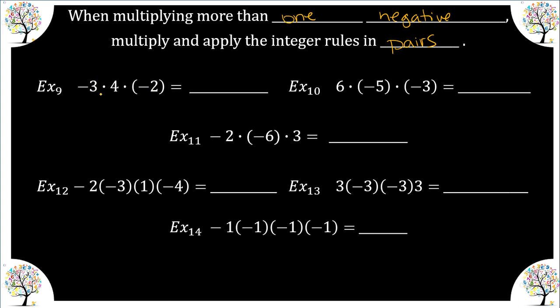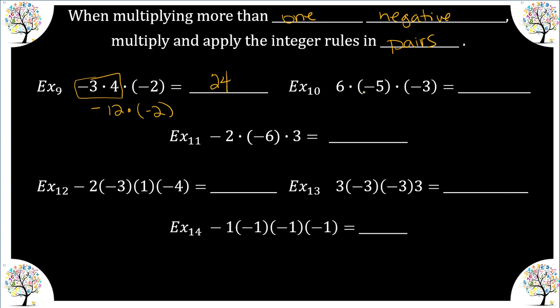Okay, negative 3 times positive 4, using the associative property, gives us negative 12. Now we have negative 12 times negative 2. These are both the same, so we're going to get a positive product. So I'm applying the associative property, and I'm just going to multiply the first two, get that product, and then multiply that product times the next number.